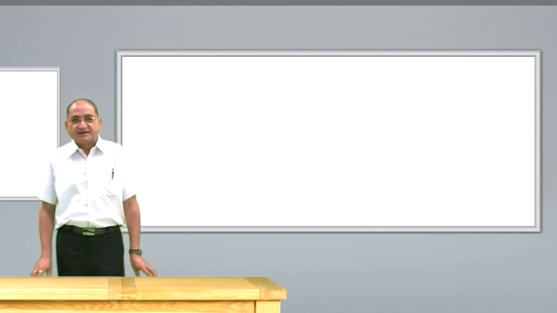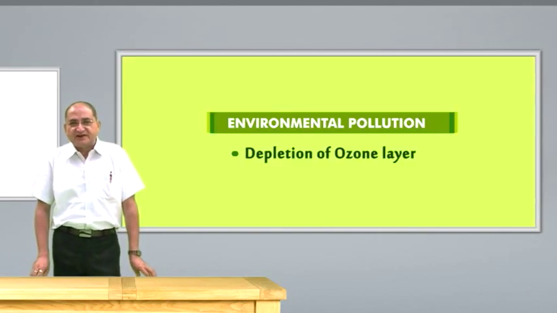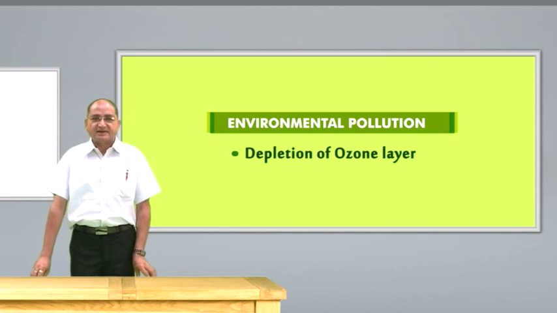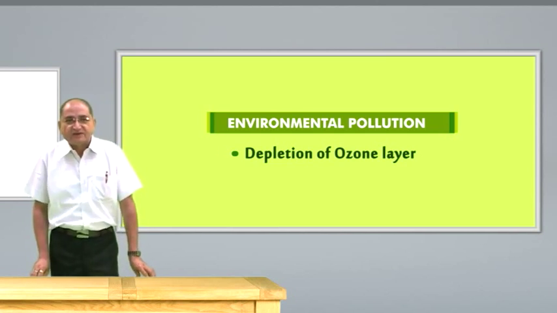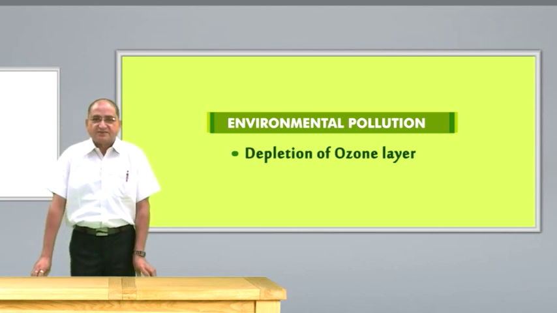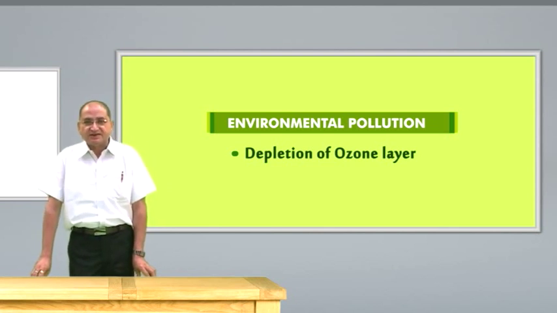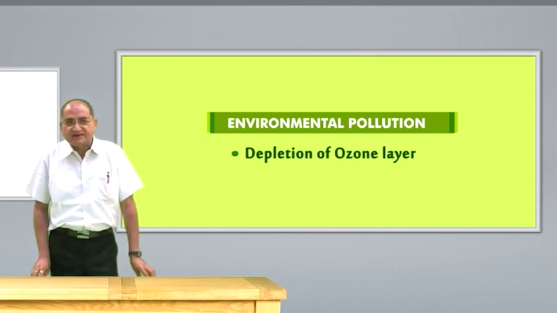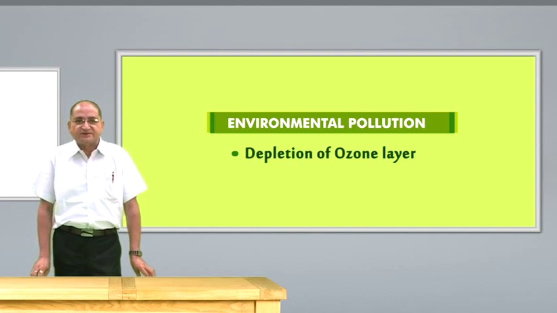Depletion of the ozone layer. The Earth's atmosphere is made of numerous gases. In 1913, ozone molecules were first discovered in the central part of the atmosphere, between altitudes of 15 to 35 kilometers from ground level, in the stratosphere, and it was found that they absorb the harmful ultraviolet rays of the sun.